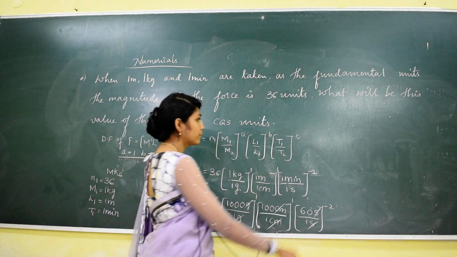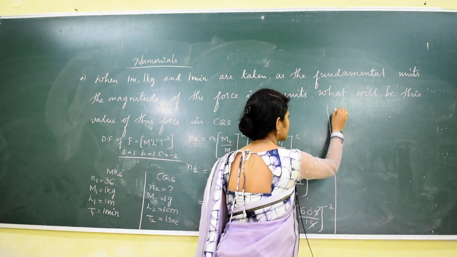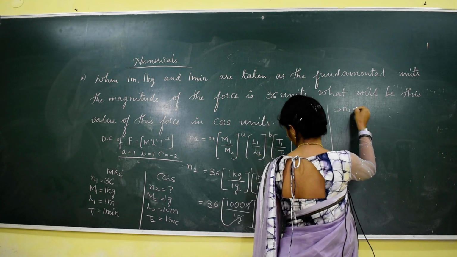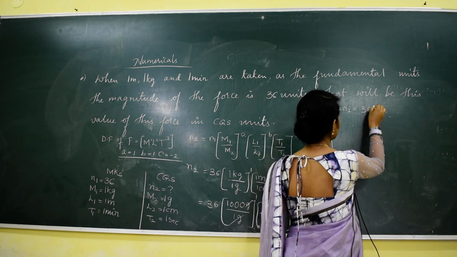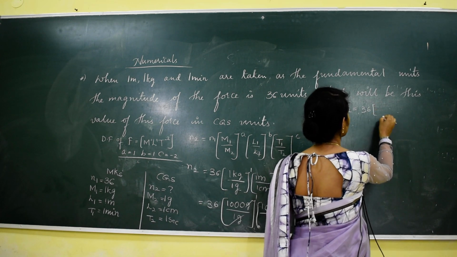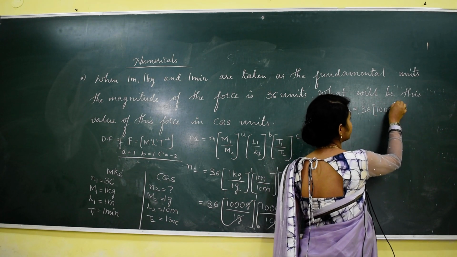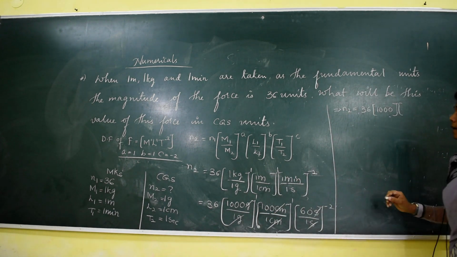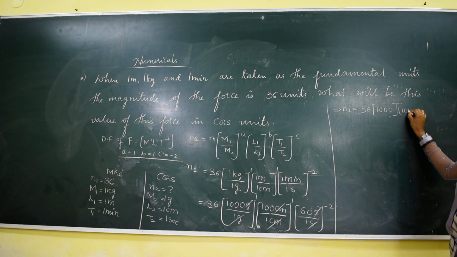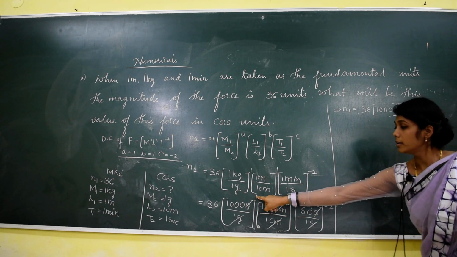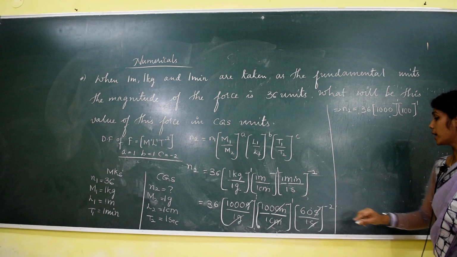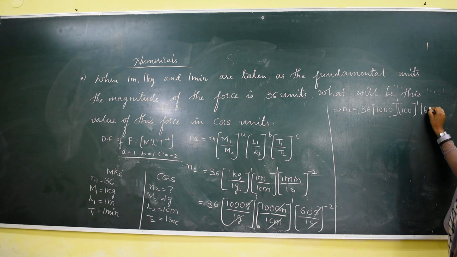So this implies n2 is equal to 36 into 1000 raised to 1, 100 raised to 1 and 60 raised to minus 2.